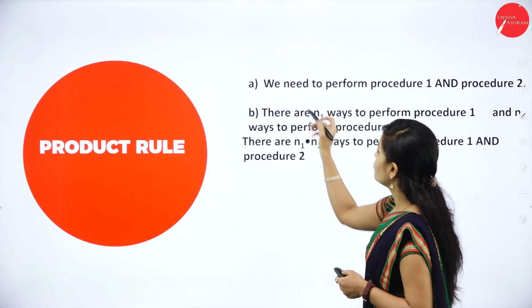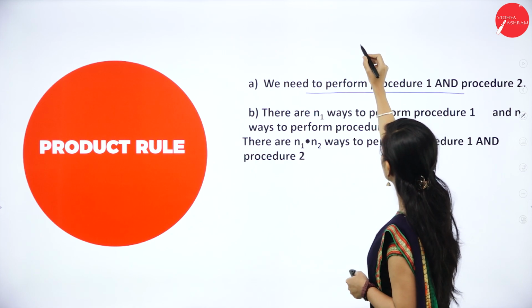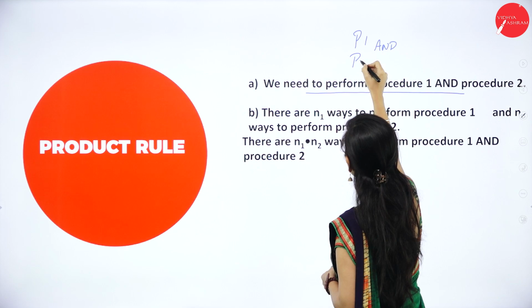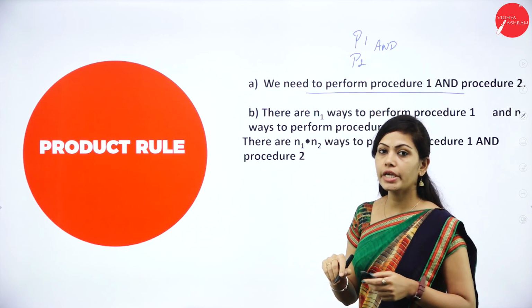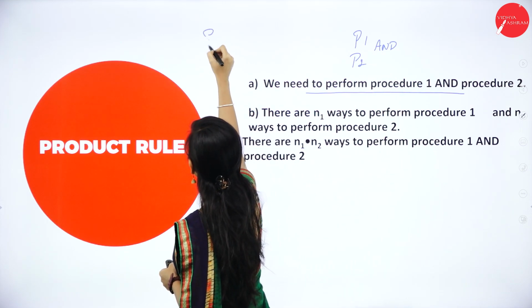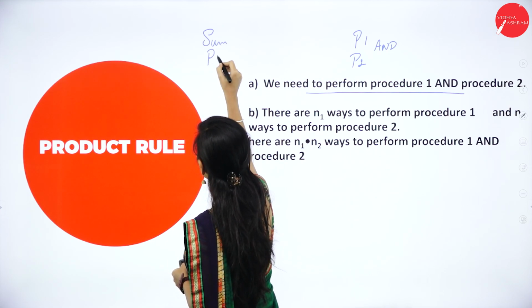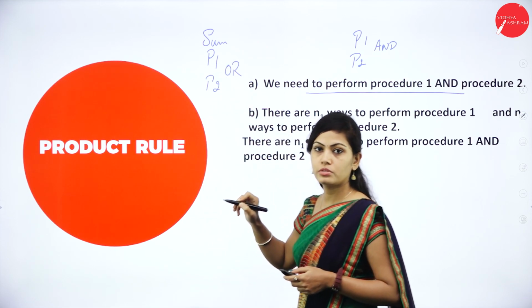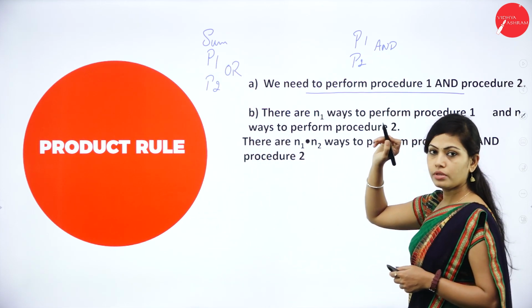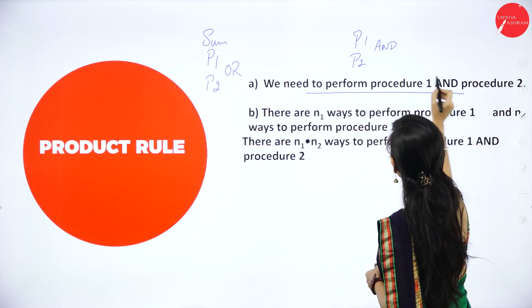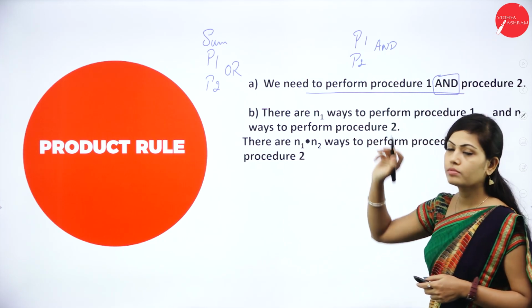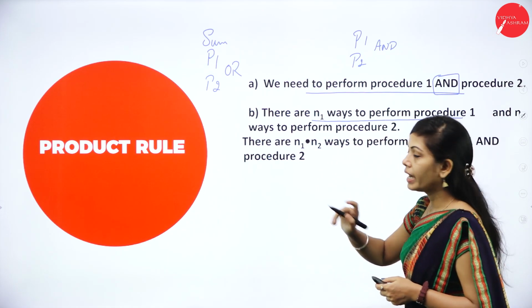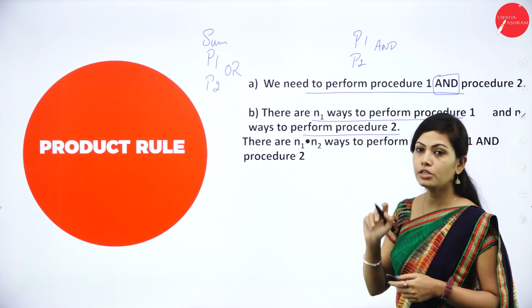And we need to perform procedure 1 and procedure 2. But what have we learnt in the sum rule? In the sum rule, we can choose procedure 1 or procedure 2, but not both. But in the product rule, we perform procedure 1 and procedure 2. There are n1 ways to perform procedure 1 and n2 ways to perform procedure 2.